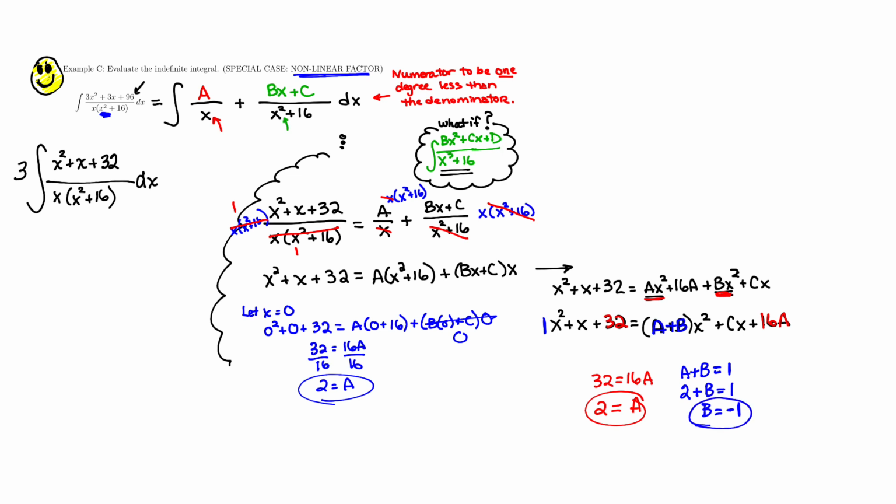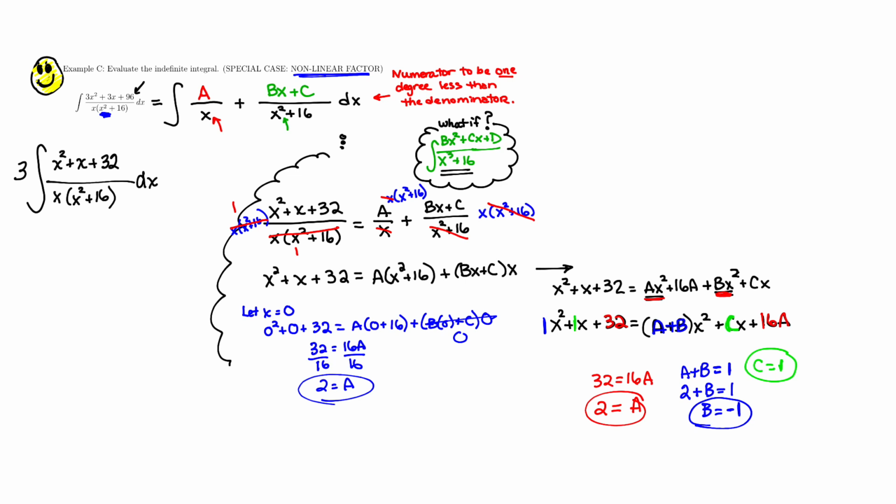And then you know c is 1, because it's whatever the coefficient of the second x is. c is the only thing in front of an x, and therefore, to make both sides equal, c has to also be 1.